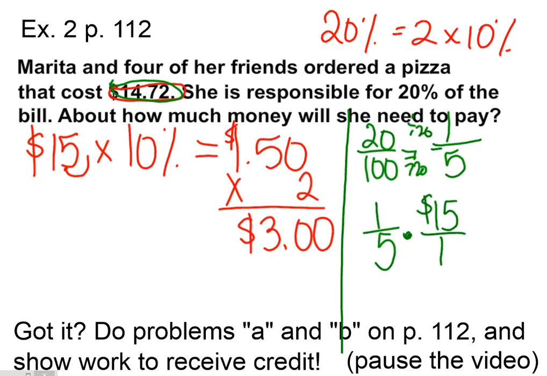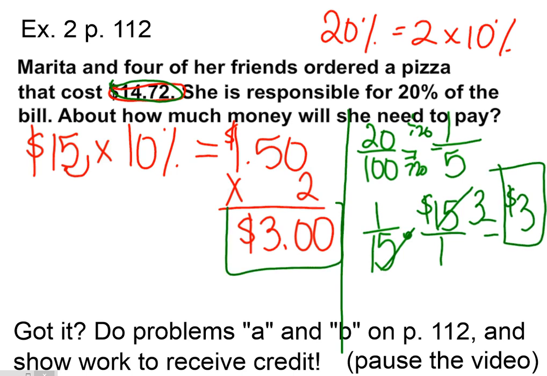So 1/5 of 15. Notice those diagonals can cross out the 5. That becomes a 1 and that becomes a 3. 1 times 3 is $3 over 1 is still 3. We got the same answer using the 2 different methods.